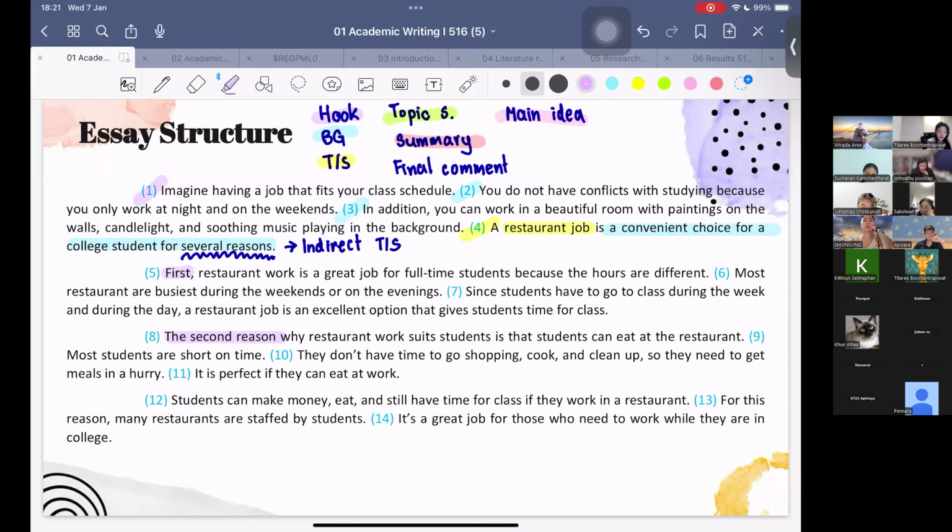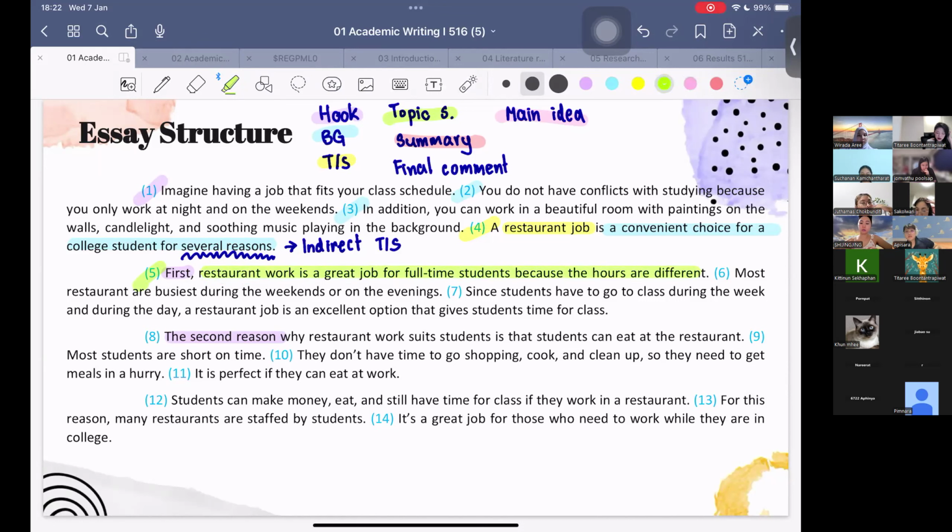Start off with the first body paragraph. Sentence number 5 would be the topic sentence: First, a restaurant job is a great job for full-time students because the hours are different.